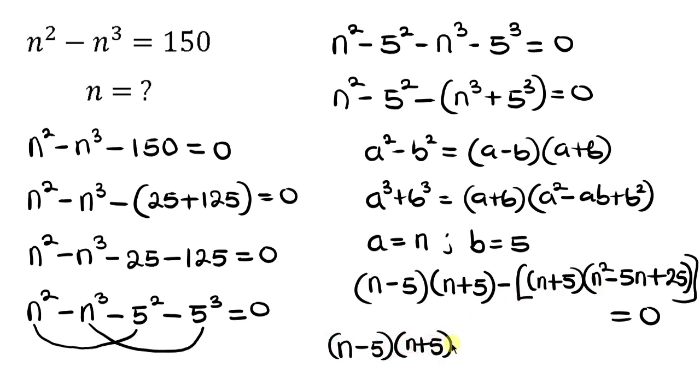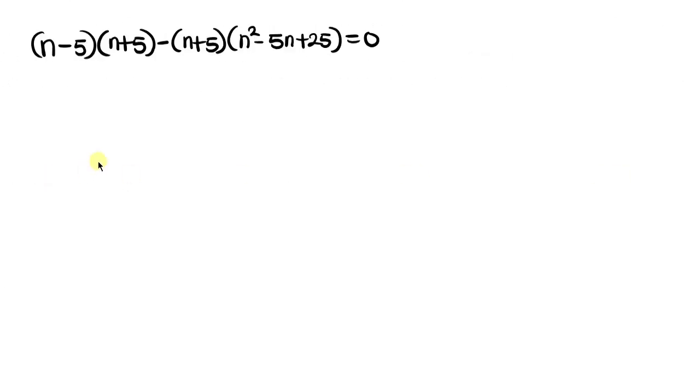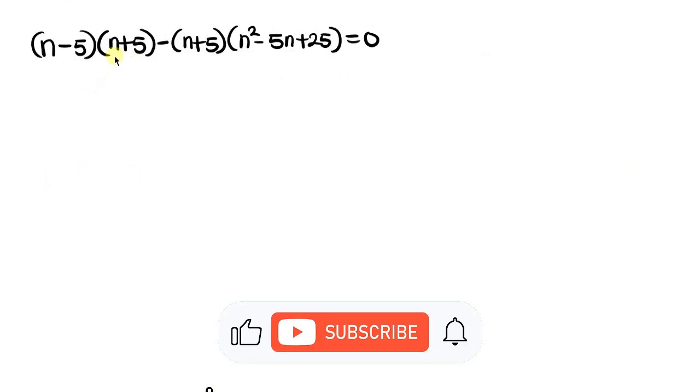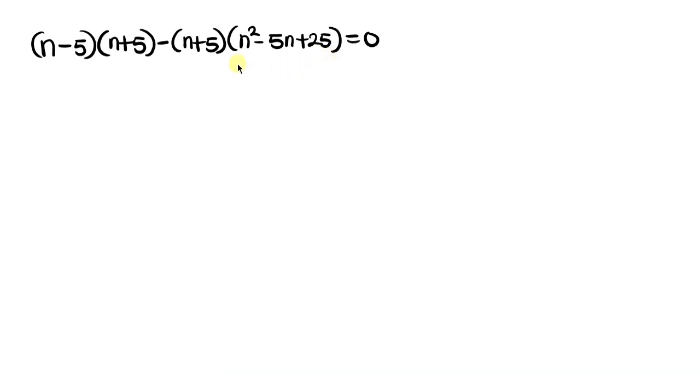Now using this negative, we have minus n plus 5 times n squared minus 5n plus 25 equal to 0. Let's move on to the next slide. Now notice that n plus 5 is actually common. So our next step will be for us to factor out n plus 5.